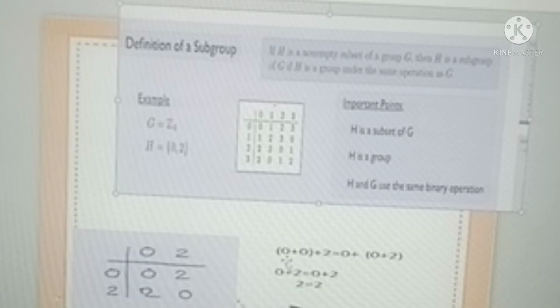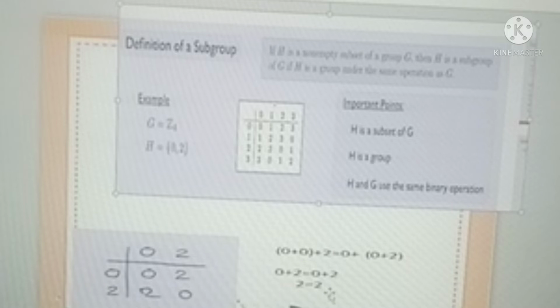Is 0 plus 0 plus 2 and 0 plus 0 plus 2 equal? 0 plus 0 is 0, then 0 plus 2 equals 2. And 0 plus 0 plus 2 gyapon equals 2. Sakto. So meaning this one is equal to this one. So we have the associativity.